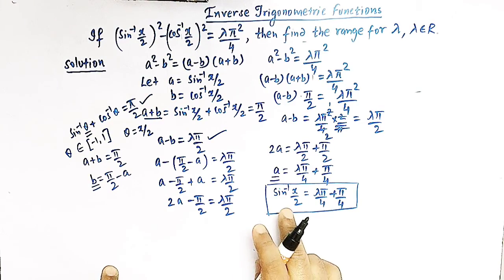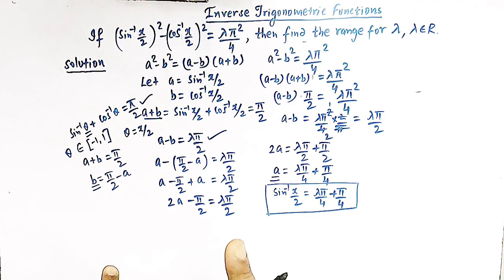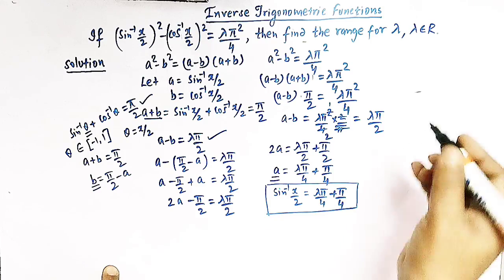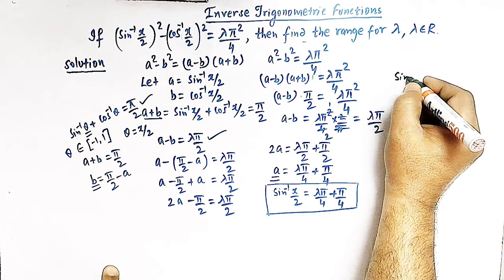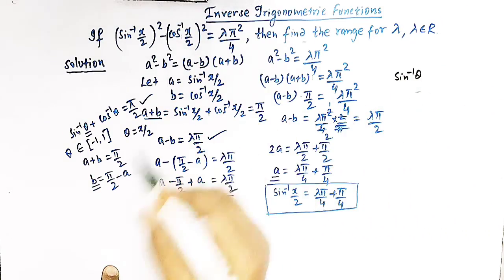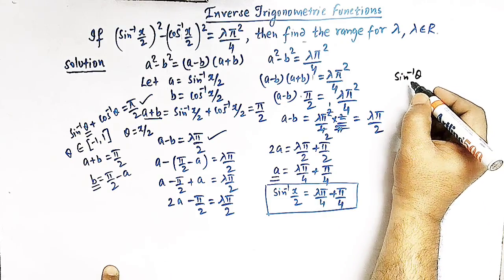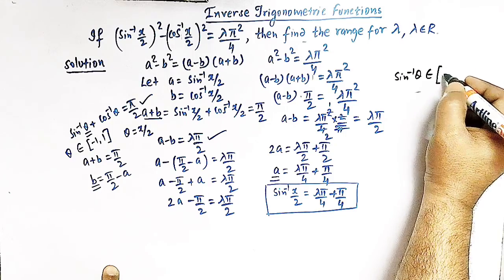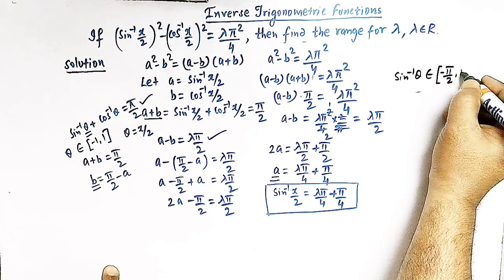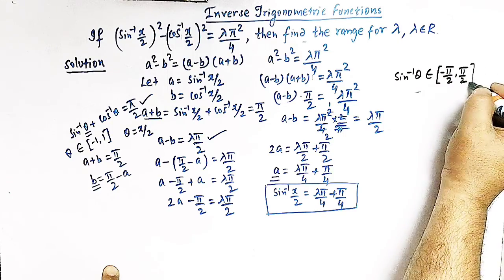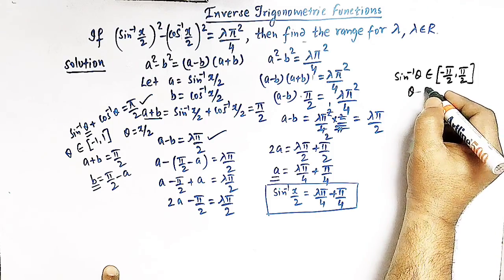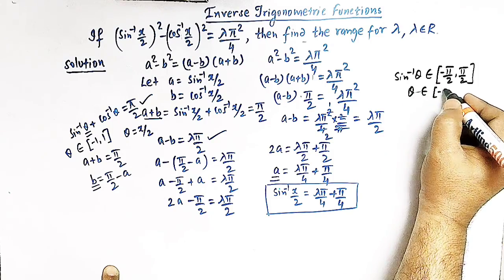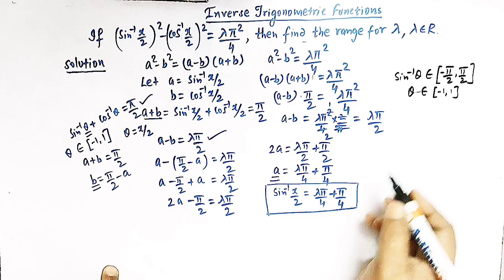So now let us apply the concept of the principal value branch of sine inverse theta. Now from inverse trigonometric functions, we know that sine inverse theta belongs to this interval, that is minus pi by 2 to pi by 2, where theta belongs to this interval, that is minus 1 to 1, right?